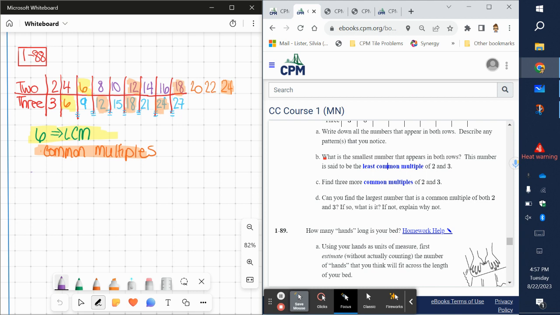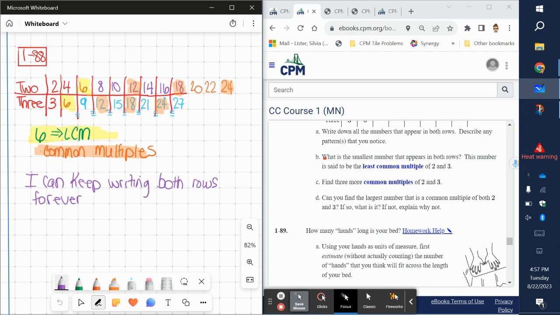So I'm going to write that out. So I can keep writing both rows forever. There isn't a limit to how big I can go.